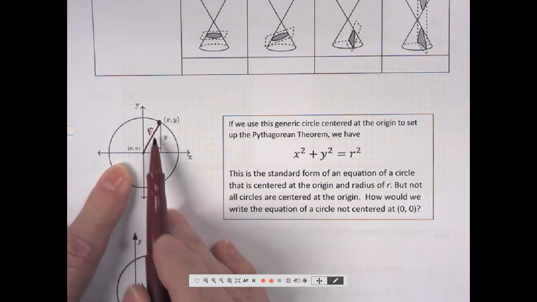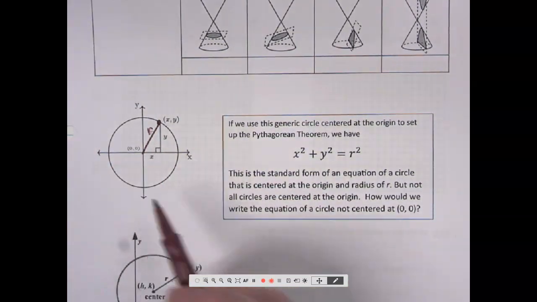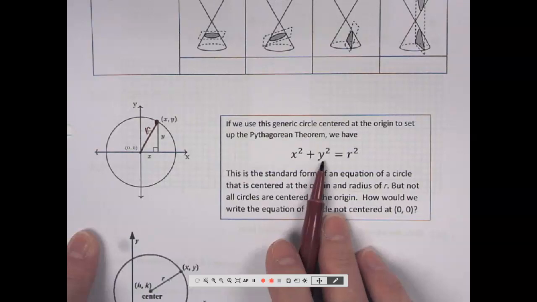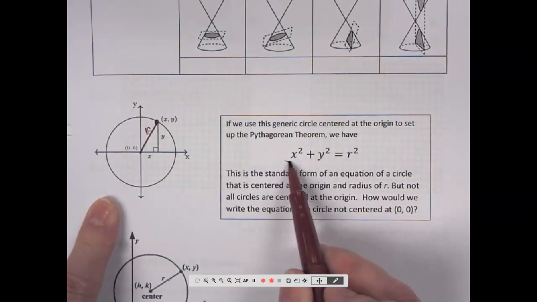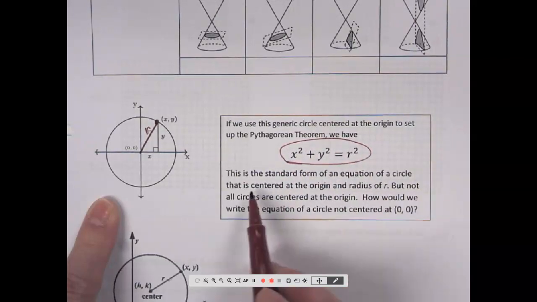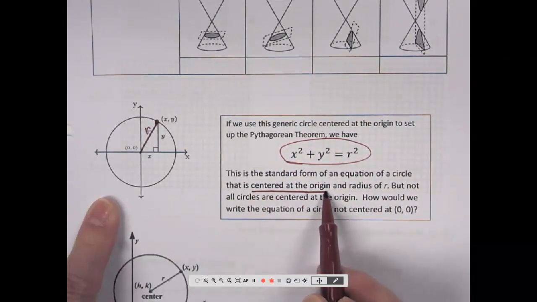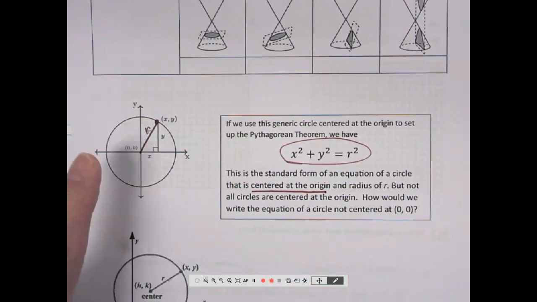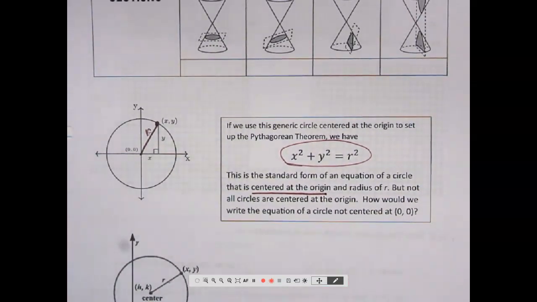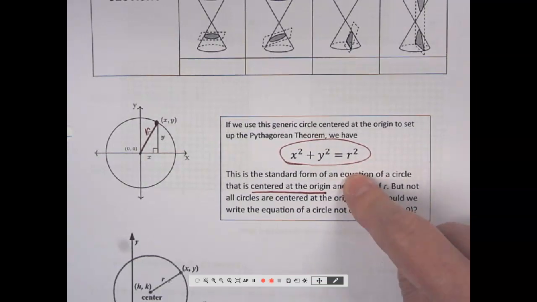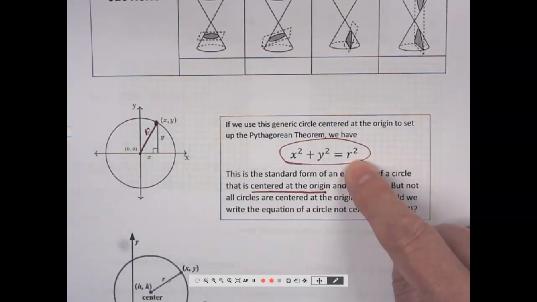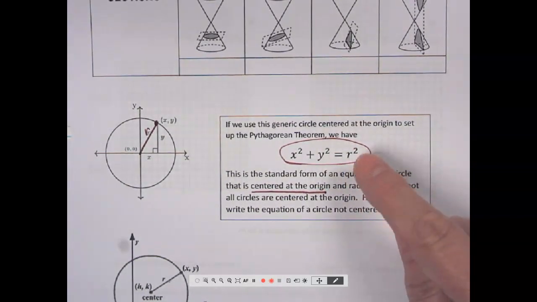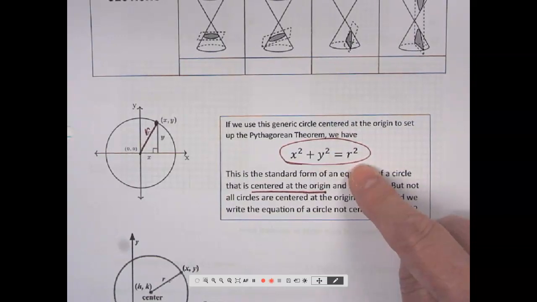But if we just use this right triangle and set up Pythagorean theorem, we have x squared plus y squared equals r squared. And that is the standard form of an equation of a circle that is centered at the origin. So if we have a nice simple little circle centered at 0, 0, then that is how we would write the equation of the circle. Now, we'd have to figure out what the radius is and plop that number in for r, but that would be our equation. And you should have done that in geometry already.